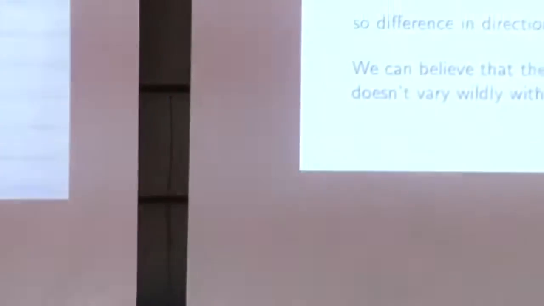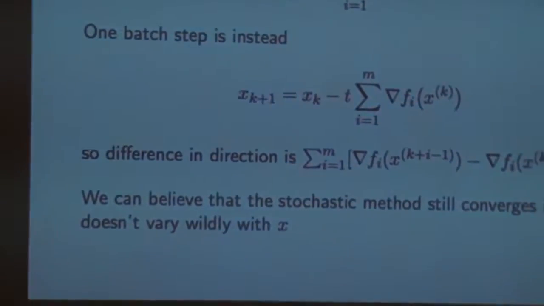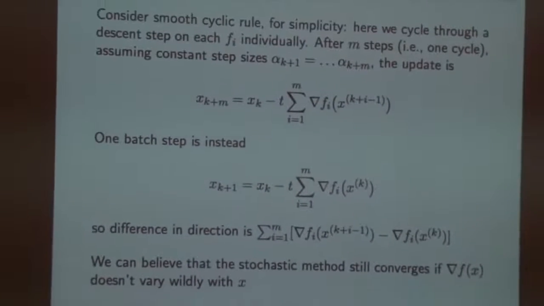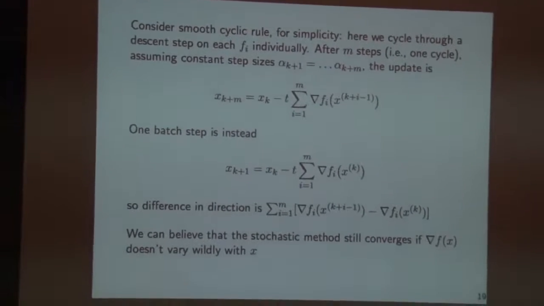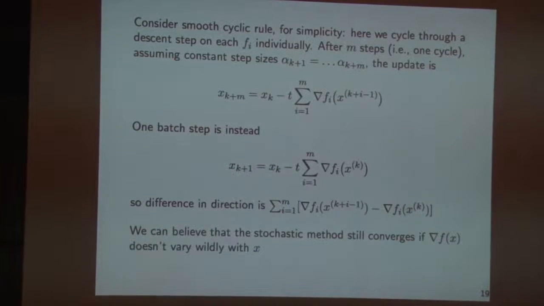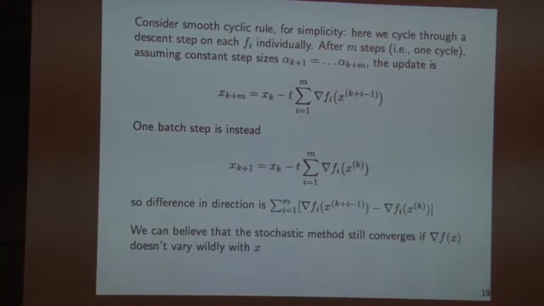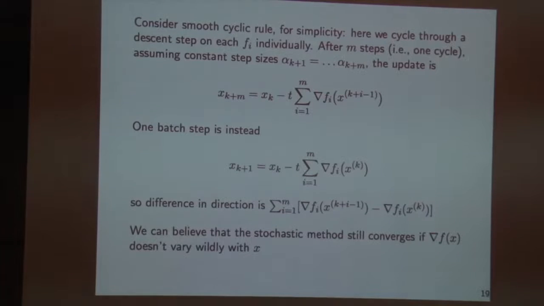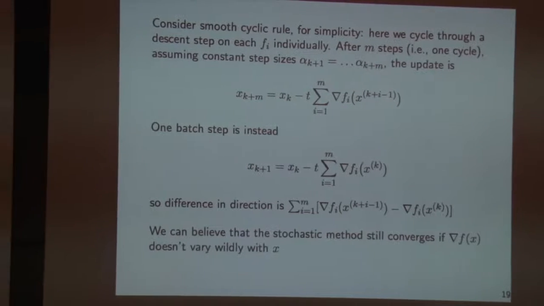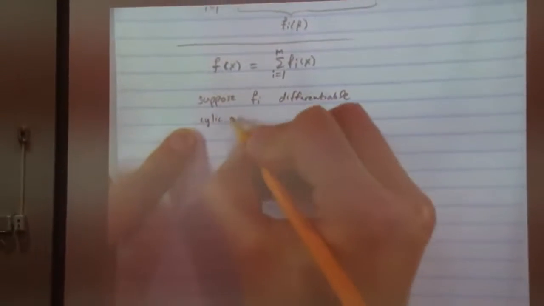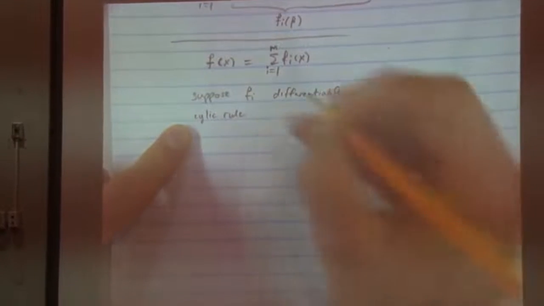Let's do a very rough calculation in the case of differentiable. So let's suppose that each fi is differentiable for now. And I'm going to try to convince you, from the perspective of just writing out the stochastic steps, that we might believe that we do get the same efficiency as one batch step after m stochastic steps. Just like I said, a really rough calculation. And let's suppose we use the cyclic rule, and we're going to take a constant step size t.